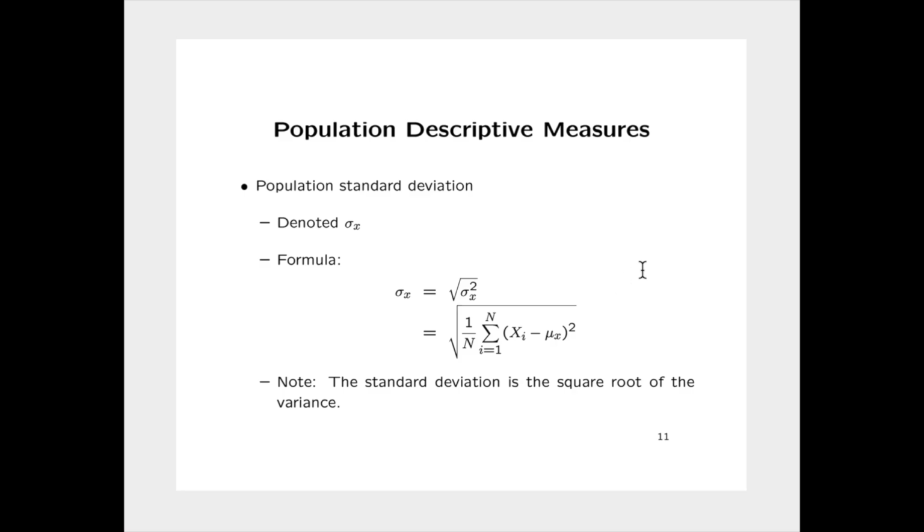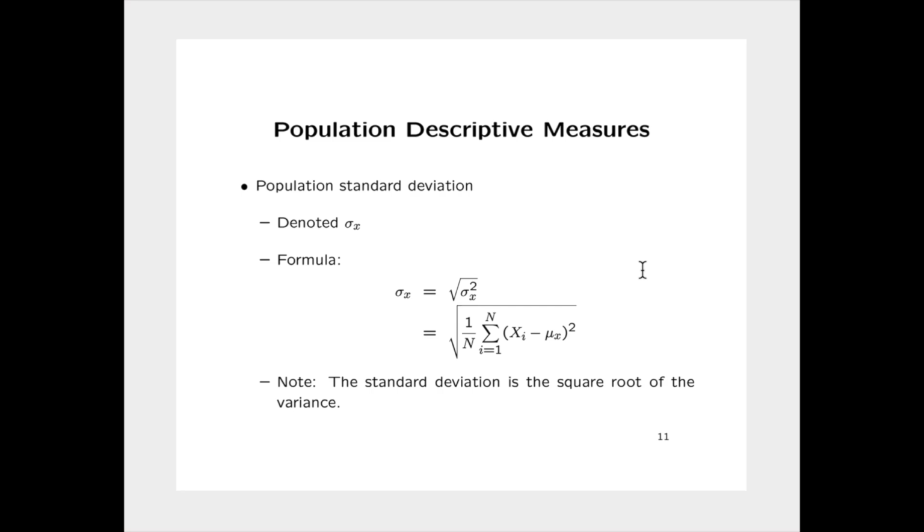Another measure of dispersion of a population is the population standard deviation. Remember, in our previous discussions about measures of dispersion, when we talked about the variance, we pointed out that the units of the variance are the square of the units of the data, and that may be difficult to interpret or explain.